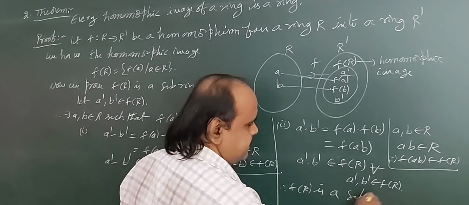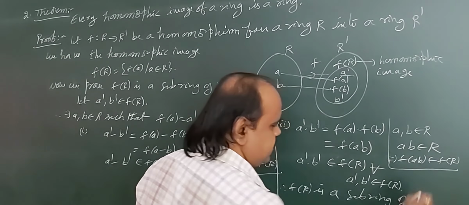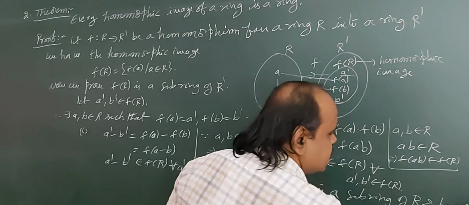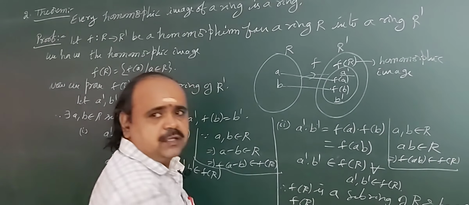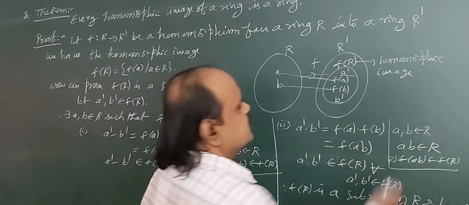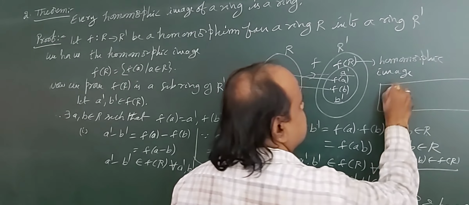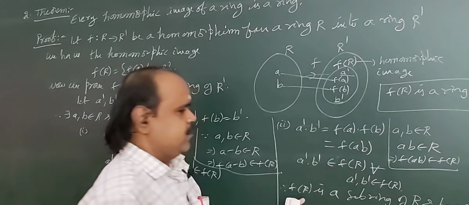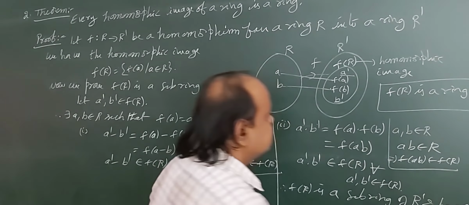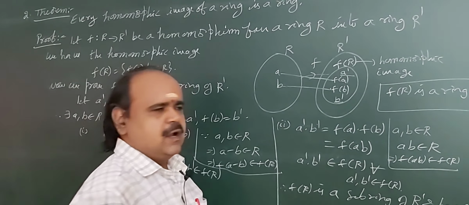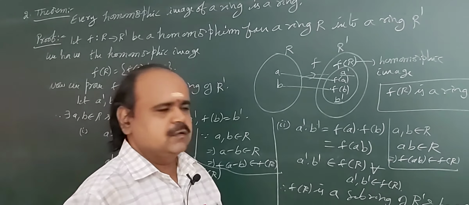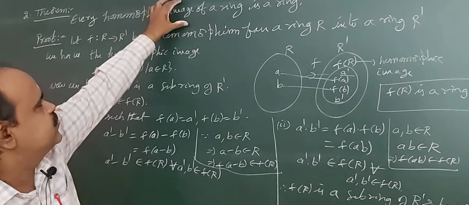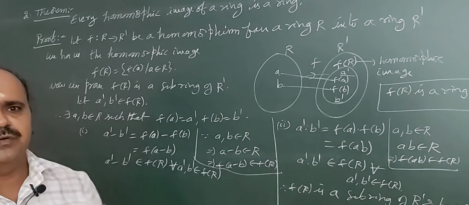A subring is itself a ring, and hence f of capital R is a ring. So f of capital R is the homomorphic image of a ring. Hence we proved the theorem.